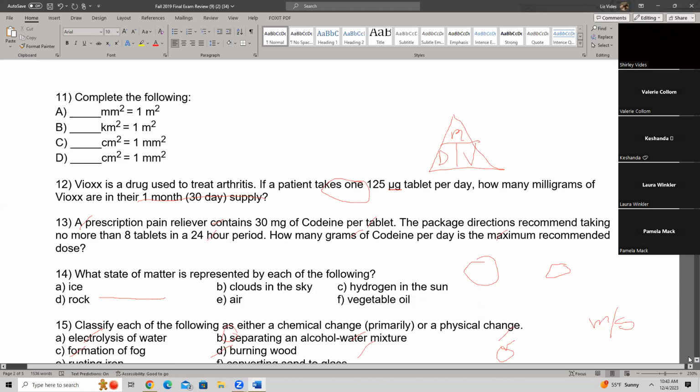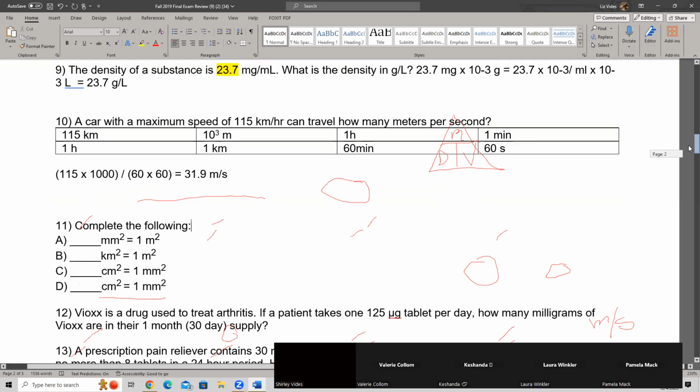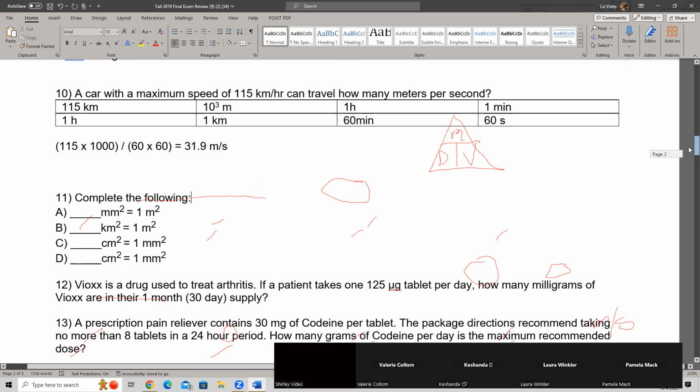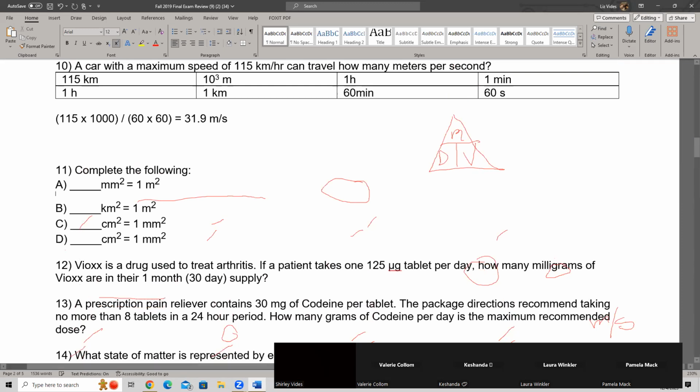So that is what we do when we're doing any kind of what they call dimensional analysis. It's good for any kind of conversion. Now these you're going to like. They're all squaring, every one of these.